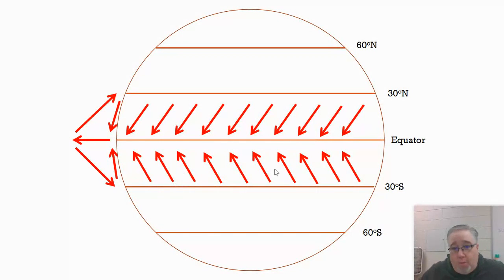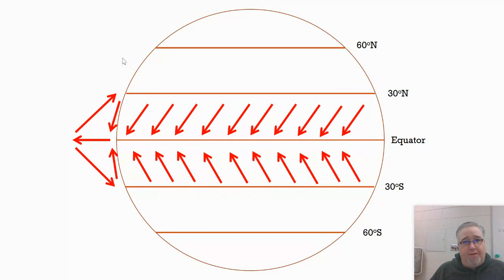But what that ends up generating are these winds that sort of generate from the east and travel to the west. These are what we call trade winds. Up here in the north, we actually have a name for these versus the ones that are in the south. We'll come back to that in a minute.